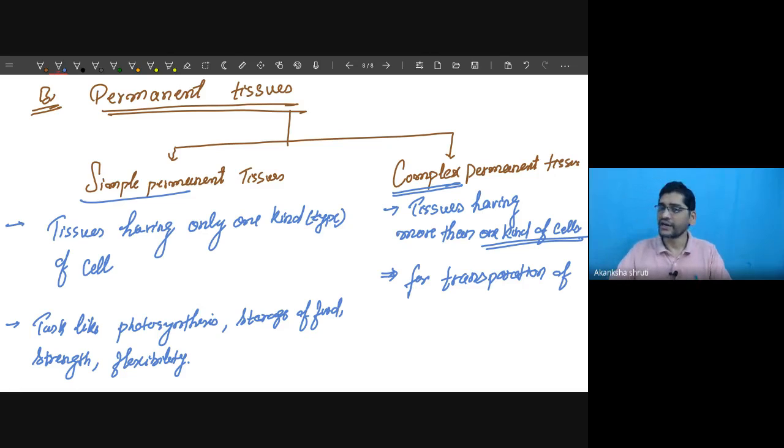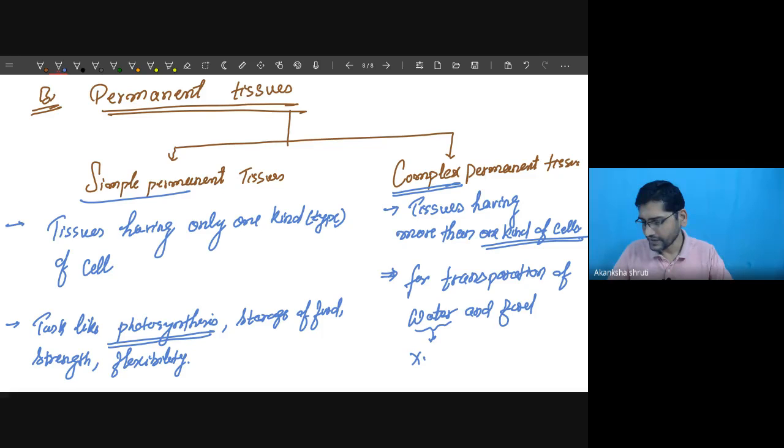In a plant or in any organism, what is required? Water and food. Waste material needs to be transported. For transportation of water and food synthesized by the plant, though synthesis occurs in simple permanent tissue by chlorenchyma, their transportation to the other parts takes place through the complex permanent tissues: water transportation by the xylem and food transportation by the phloem.